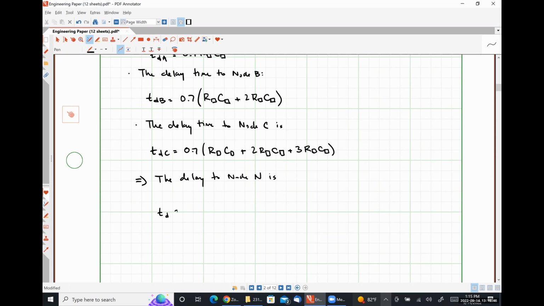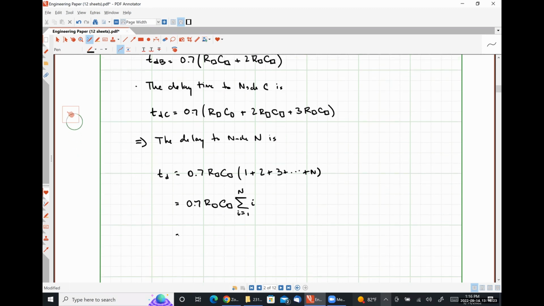And that's going to be 0.7 R square C square times 1 plus 2 plus 3 all the way out to N, which is an arithmetic series. So this is 0.7 R square C square times the summation from i equals 1 to N of i.